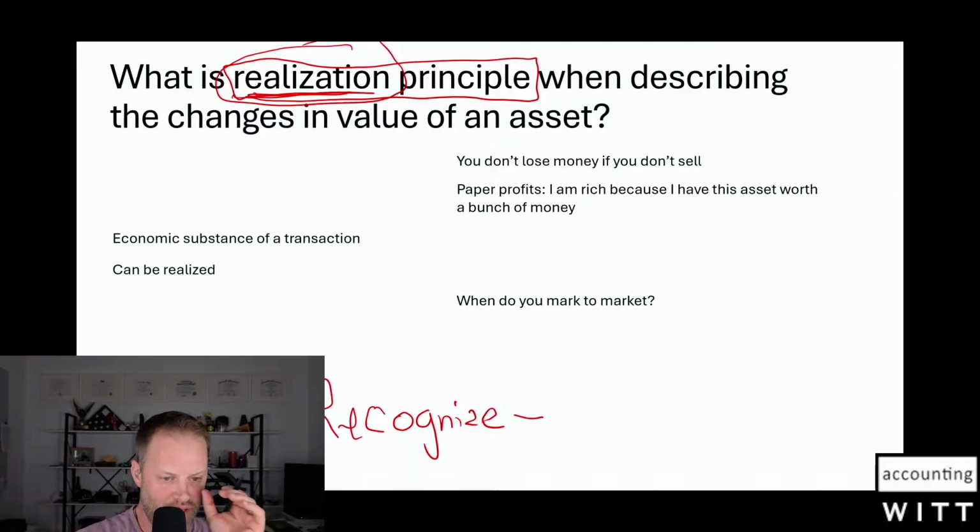One way to think about it: will a bank lend you money against stock? Or will a bank lend you money against property that's appreciated in value? Yeah, they probably will. So does that mean that you've realized a gain? Is the gain real? We don't have to answer all those questions right now, but I'm trying to get you to think about this concept of realization. When is it real, and when do you recognize it?